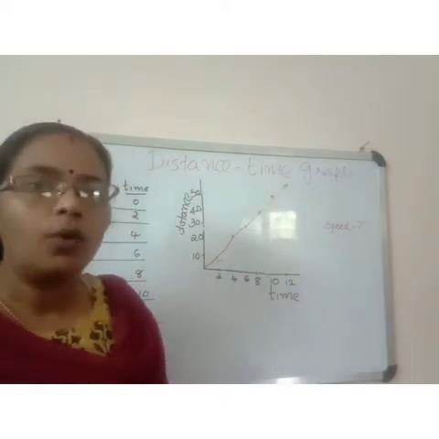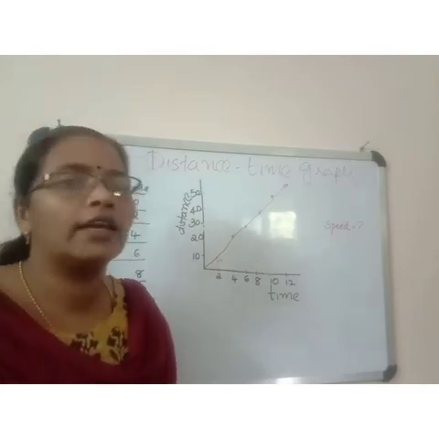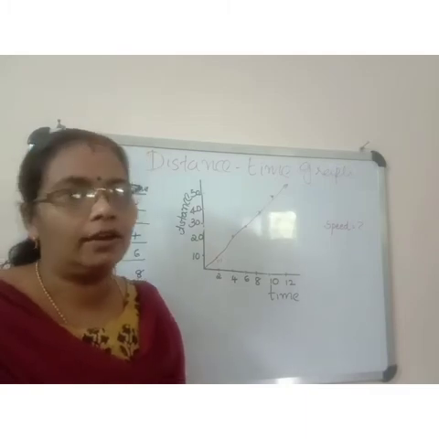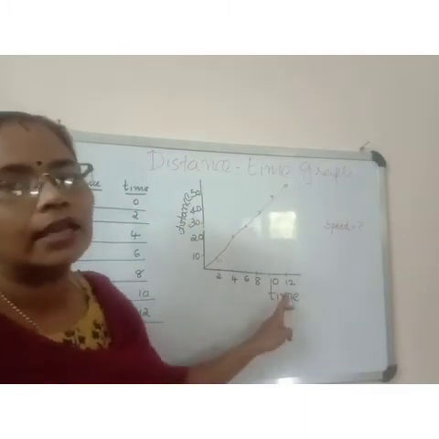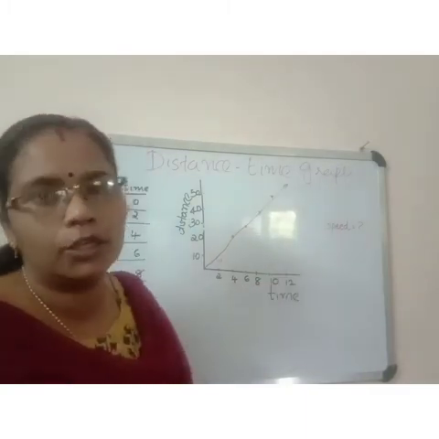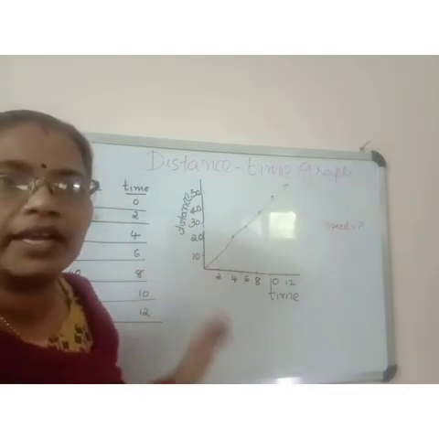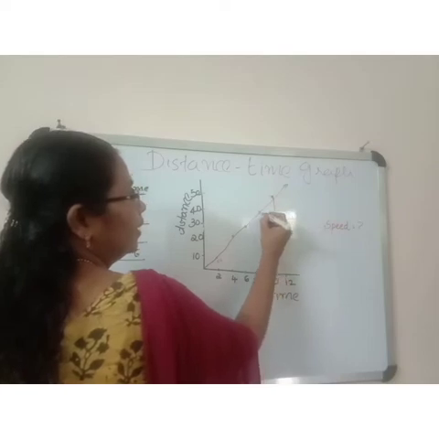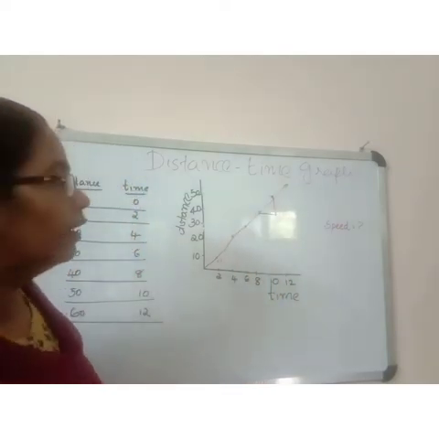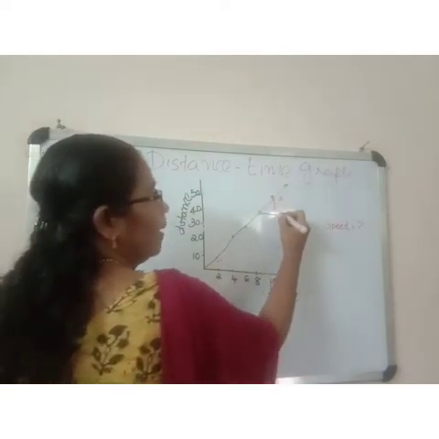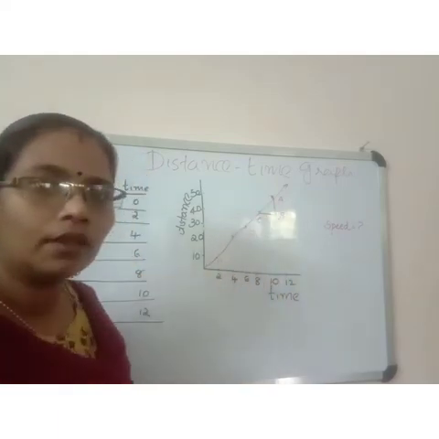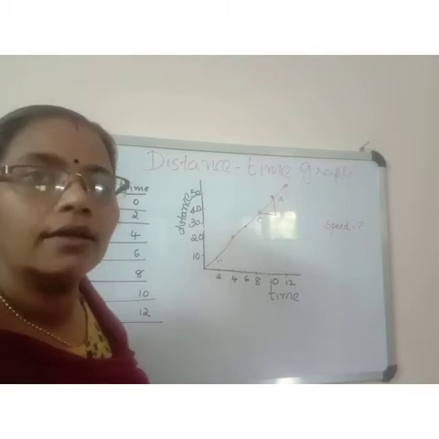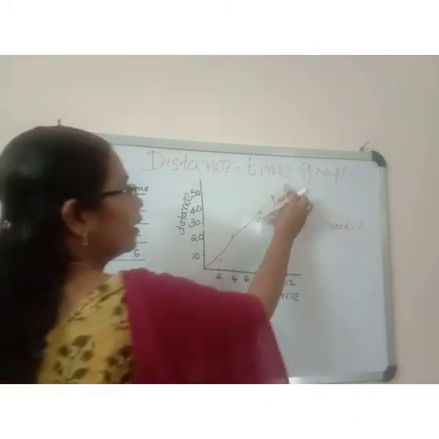Now I'm going to teach you how we can find out speed from a distance time graph. After getting a straight line like this, you can draw a triangle like this. Mark it as A, B, C. This is a triangle which I just marked.